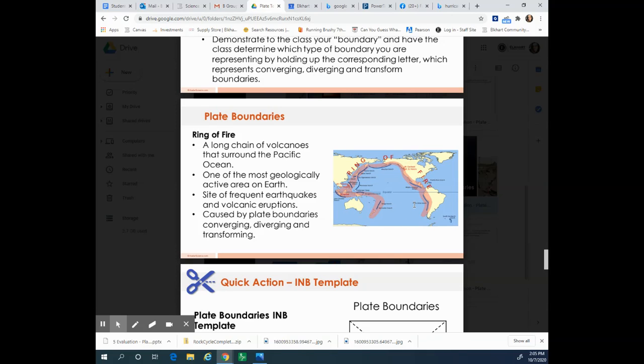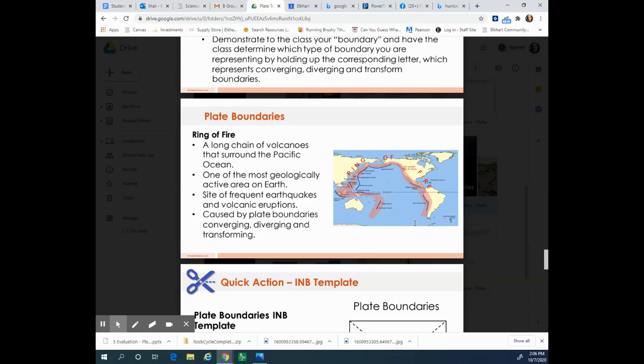So, right here, all of this is the Pacific Plate. Then, of course, you have the North American Plate and the South American Plate, the Nazca Plate down in this area, the Cocos Plate right over here, the Caribbean Plate right over here, the Eurasian Plate here, and the Indo-Australian Plate over here.